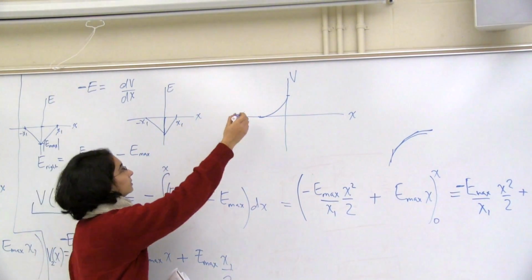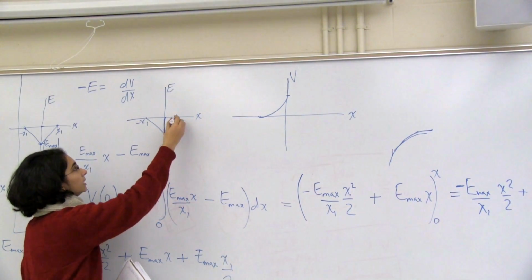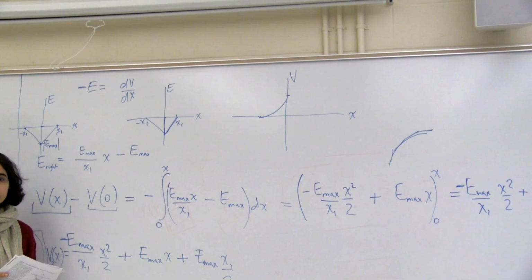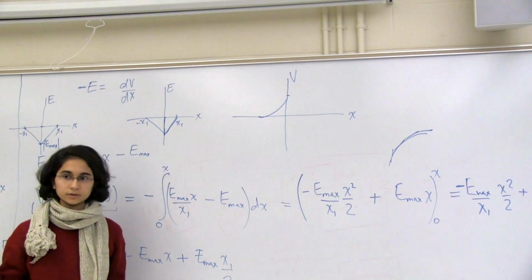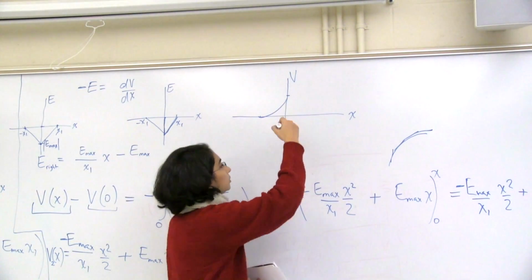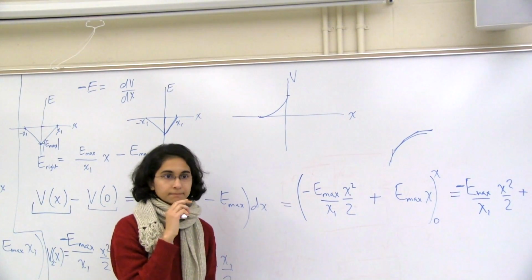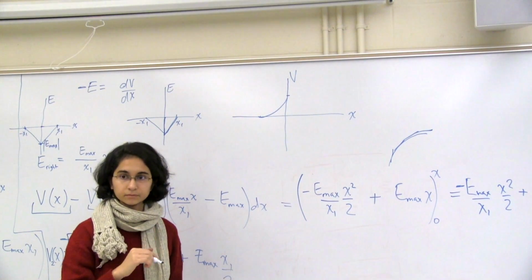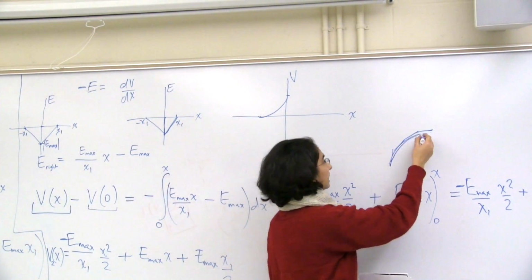After I cross x equals 0, what is happening to my E values? It's decreasing in magnitude. It starts from a big magnitude and goes all the way to 0, right? So what would a parabola doing that look like? So at first it'd be really steep and then it'd start being shallower, I guess? Yeah, exactly like that.